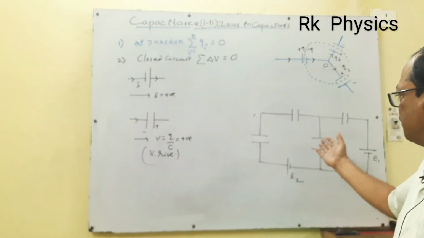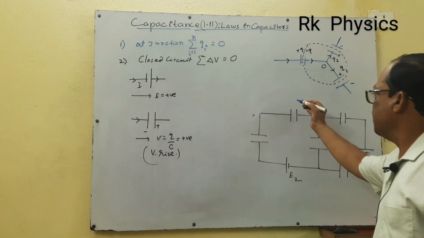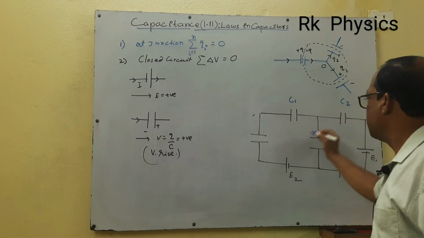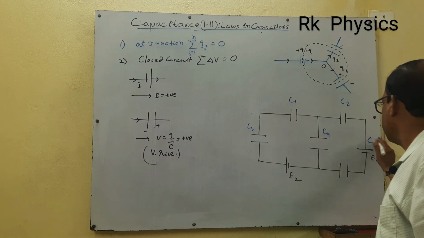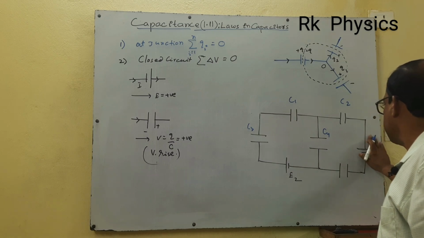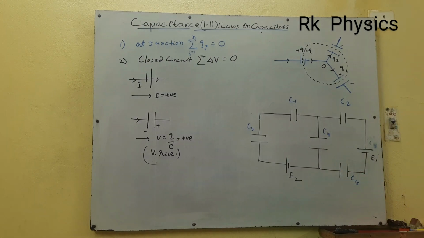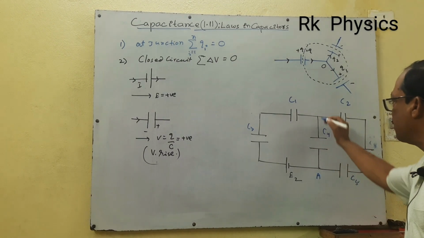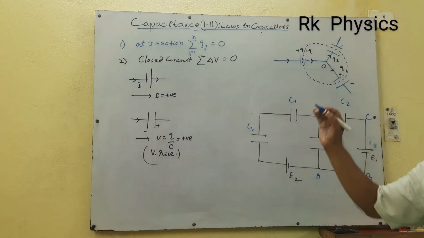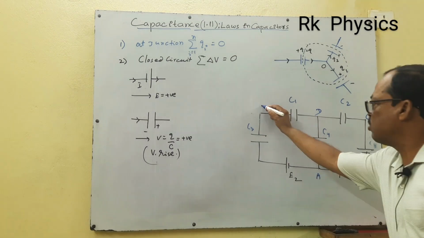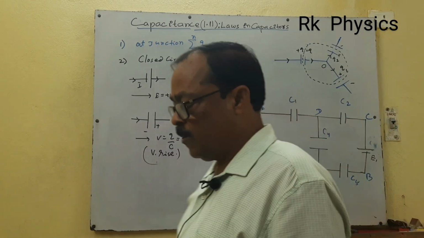Now, this is your example. You give the names: this is C1, C2, C3, that is C4 and C5. Sorry, this is a cell, C5, that is, 4 capacitors are there. You put this junction as A, this junction as B, this junction as C, and that junction as D. Then you take E, then F: A, B, C, D, E, F. Okay.